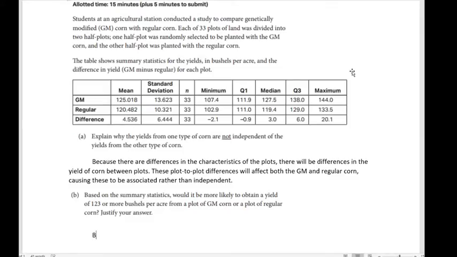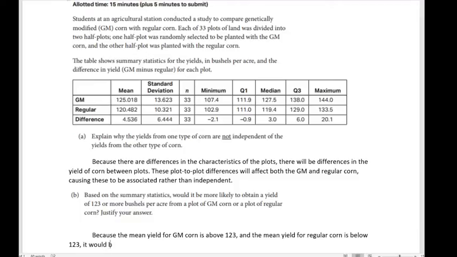So we would say, because the mean yield for GM corn is above 123, and the mean yield for regular corn is below 123, it would be more likely to have a yield of 123 or more bushels per acre from a plot of GM corn.